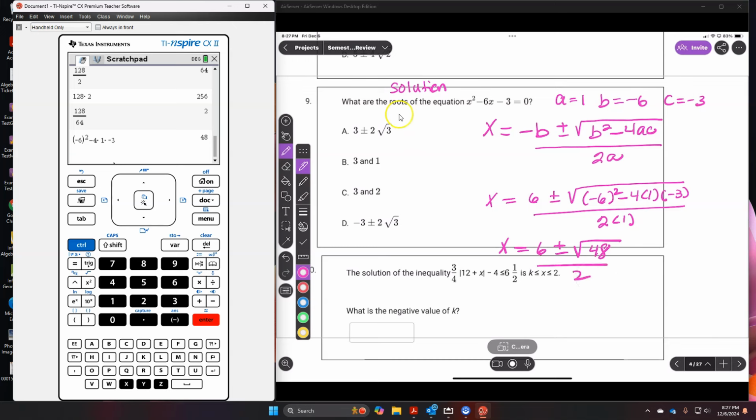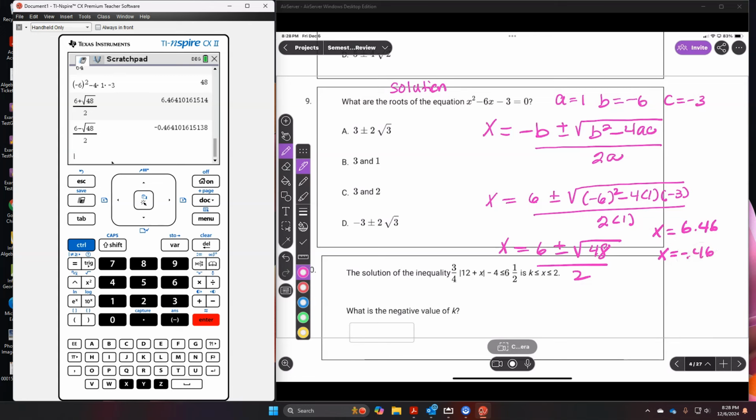You notice it's not here, but you can write the decimal equivalent. So we have 6 plus the square root of 48 divided by 2. The first one is 6.46. Then you can do the second answer, but just write a minus here. So the answers we're looking for are x equals 6.46 or x equals negative 0.46.